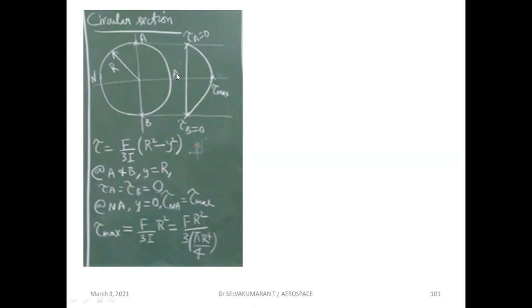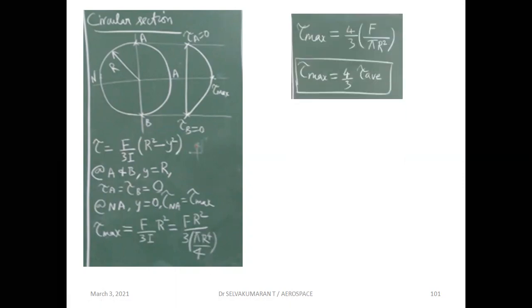Now at the neutral axis, where y is zero, the maximum shear stress acts. Substitute y equal to 0 in this expression: F r square by 3I. I is nothing but pi d power 4 by 64, which in terms of r is pi r power 4 by 4. So r square will cancel.